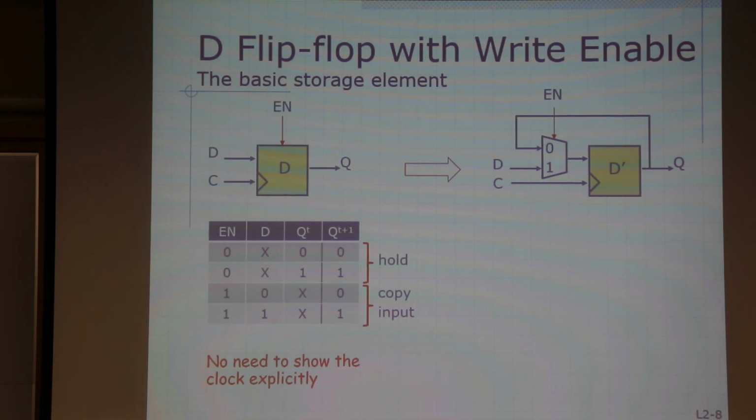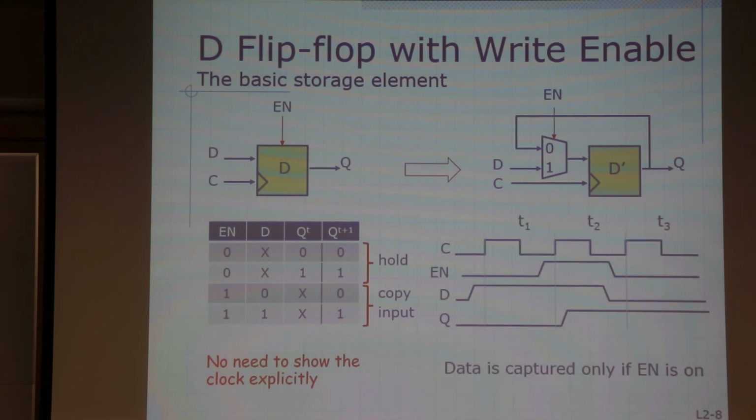The second thing you have to understand, and believe me, this is the only slide with a timing diagram. So, this clock is an idealized clock, an absolutely perfect square wave. And you have an enable signal that came and went high here.